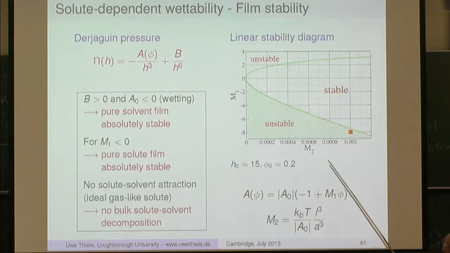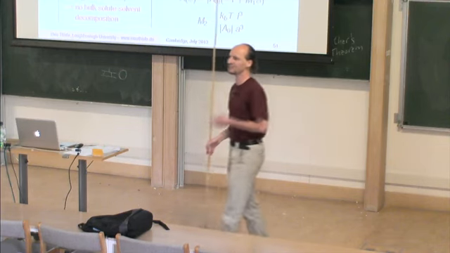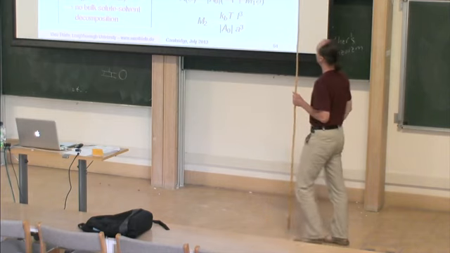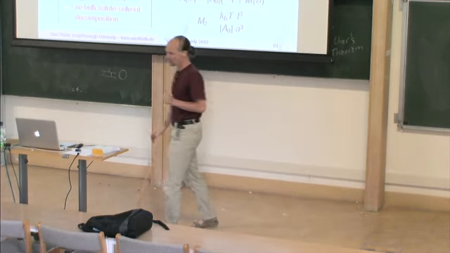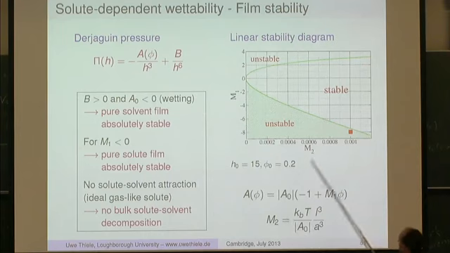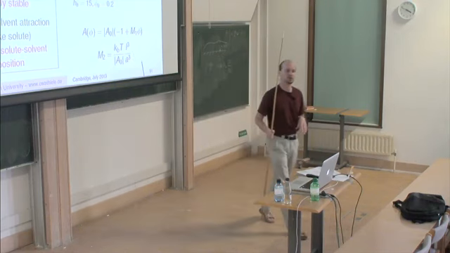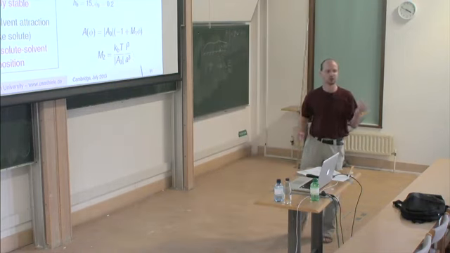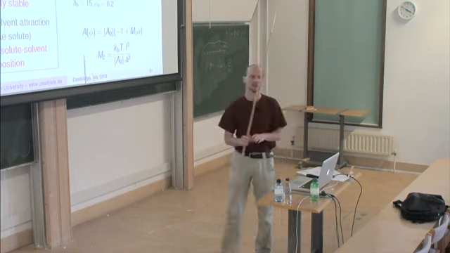That's not very amazing, but what is amazing is that it becomes unstable even when this M1 is negative, when you would actually expect it to be stabilizing, right? But it's not, because you can move stuff around. And M2 is an important parameter that gives you the strength of diffusion as compared to the molecular interactions that are responsible for wettability, right? So if diffusion of your solute is sufficiently slow, then you get unstable.